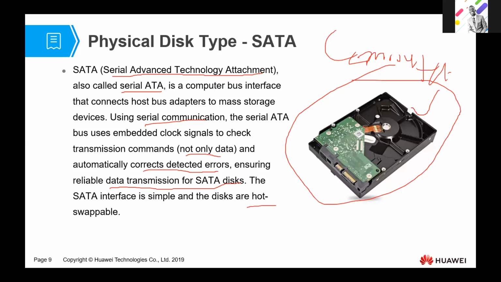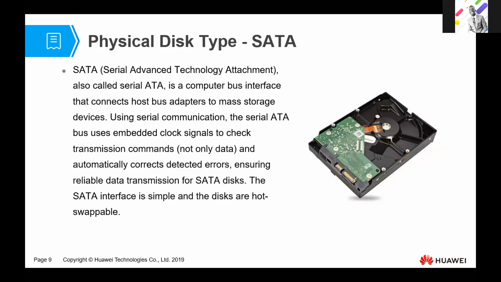Okay, so here you are looking at the serial ATA or the SATA disk. Currently, SATA and SAS hard drives are commonly used and distinguished by the interface type. By interface type, I am meaning this kind of interface. Sometimes they also use the size, the inches, but mostly it is the interface type of the hard disk.